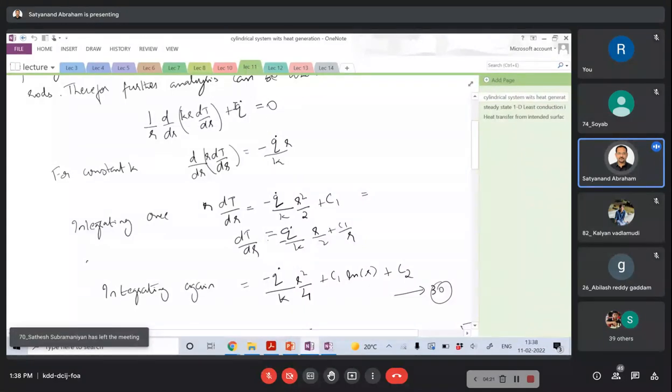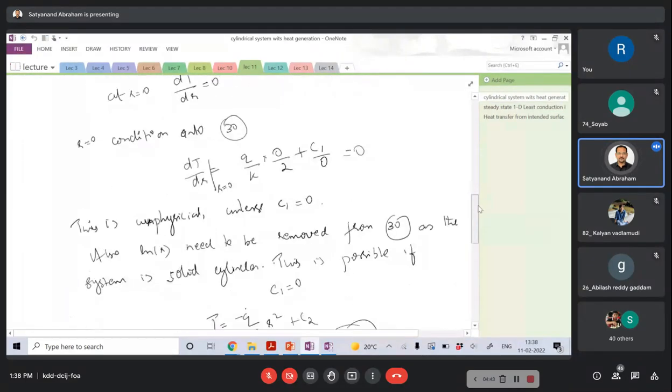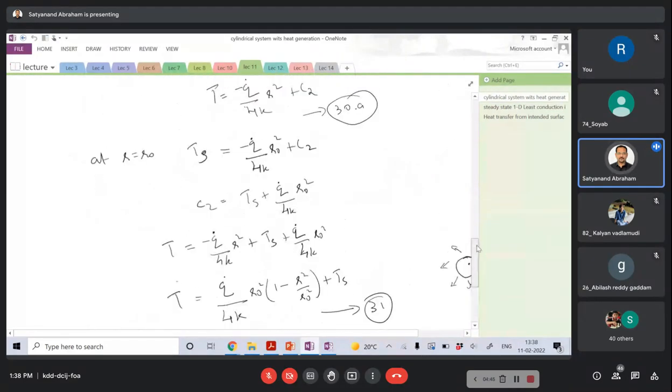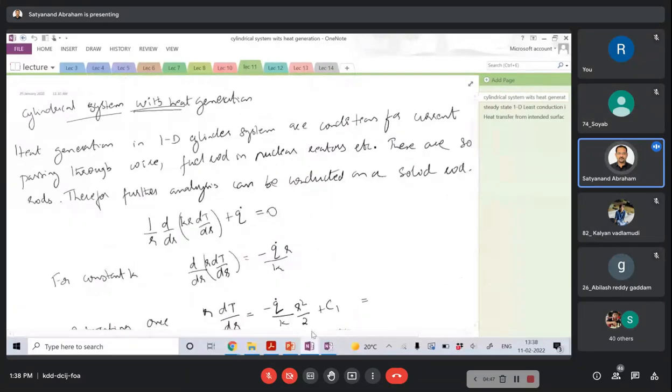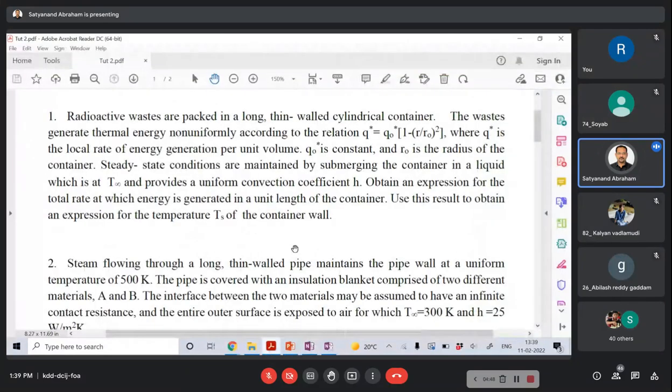We cannot use it, because here we assumed uniform heat generation, right? When we integrated it over here, we assumed the heat generation to be uniform, and based on that we got some temperature profile within the system. But here it is written that the heat generation itself is a function of r.